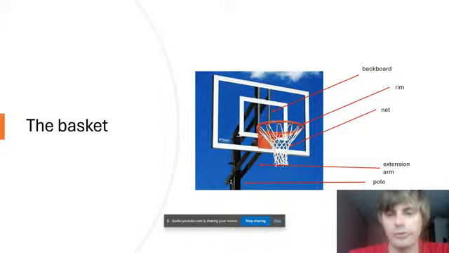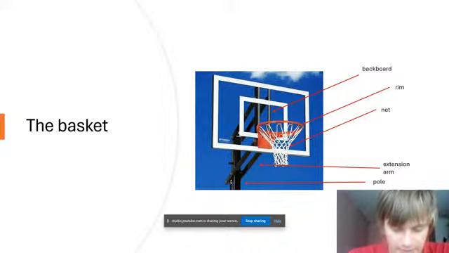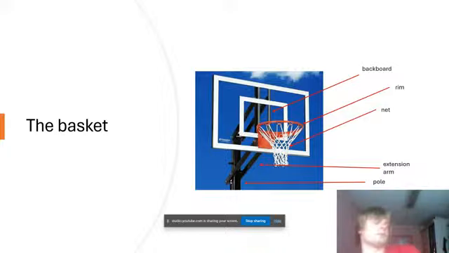And then we also have the extension arm, which is to adjust the height of the whole basket, the hoop, because in a lot of arenas, the court is not only used by a set team.